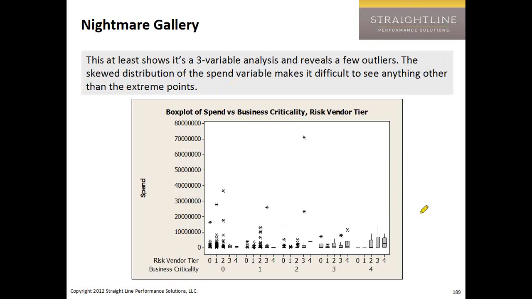This is an attempt to improve upon it a little bit, where here we have the IT spend, here we have the business criticality, and here we have the risk, vendor tier, whatever that is, and we have little box plots for each one. They're just so hard to read, largely because they're mostly outliers. That probably means that the data are so skewed, they're problematic.